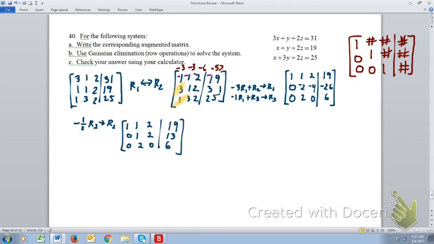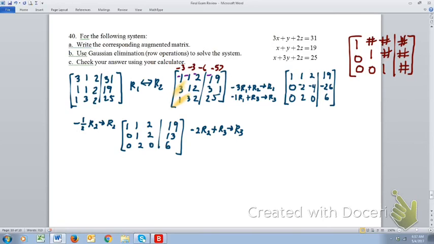So now that we got this 1, we want to get a 0 below it. We're going to use that 1 that we just got, this one here, to get a 0 right here. So we need to multiply by negative 2 and add that to row 3.